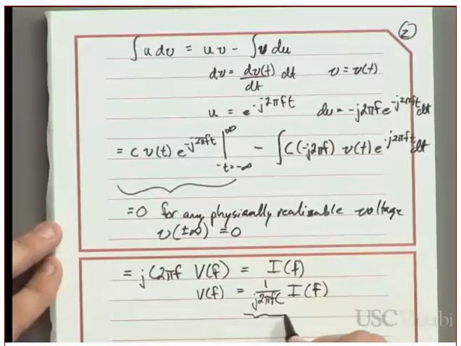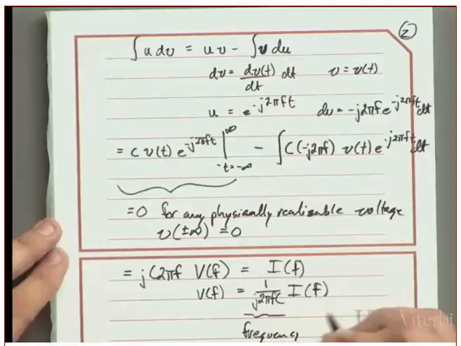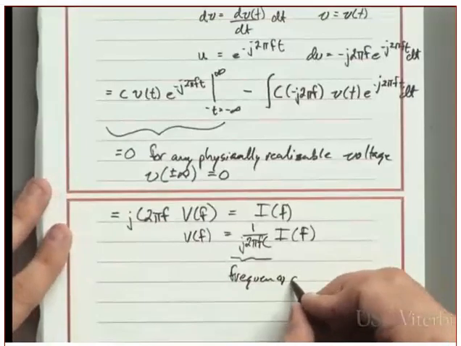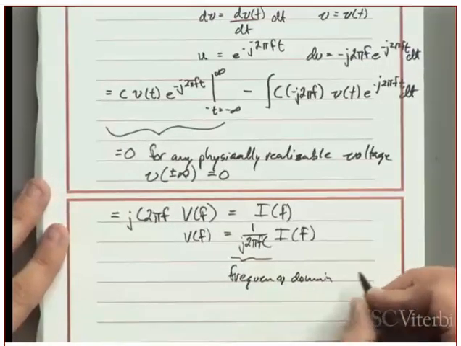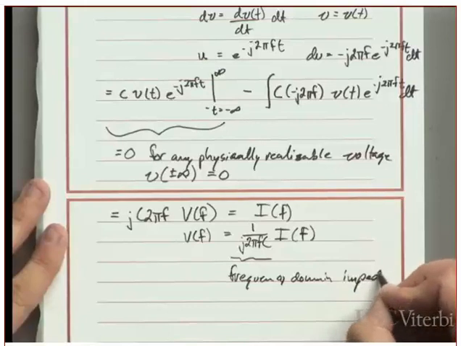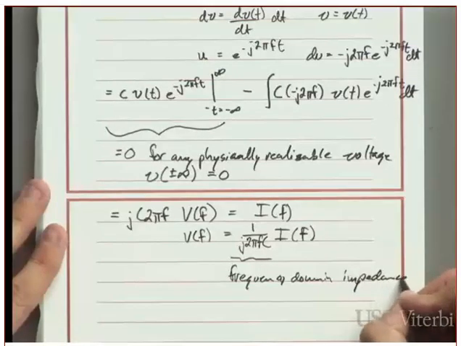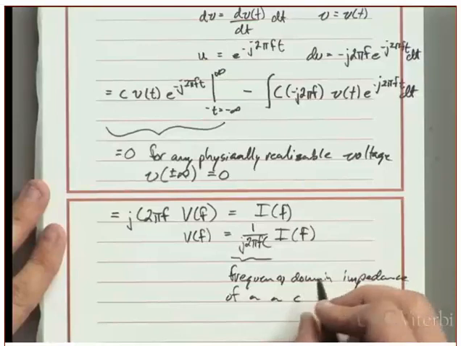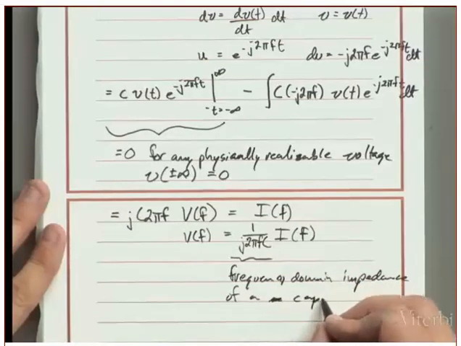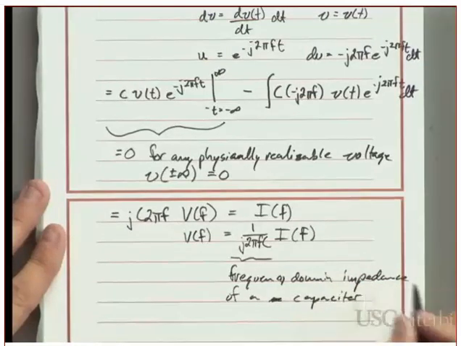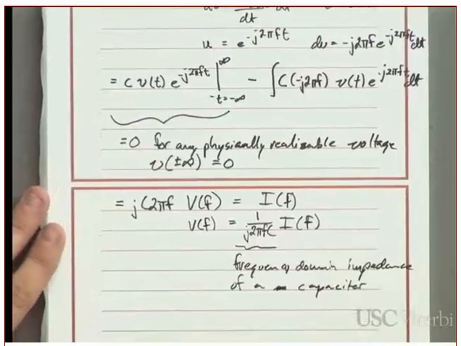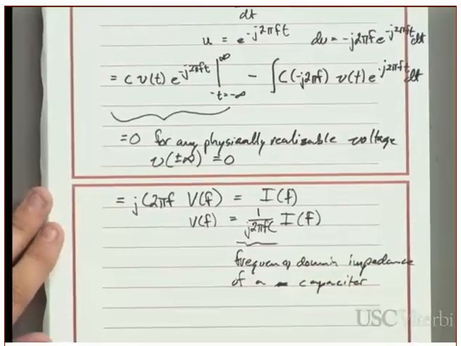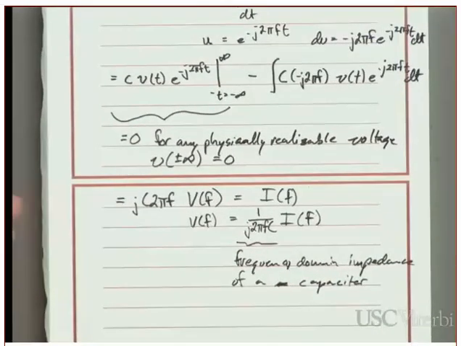And so this is the frequency domain impedance of a capacitor. Okay. So there's my review of the Fourier stuff that we've done already, and hopefully a reminder of capacitors.